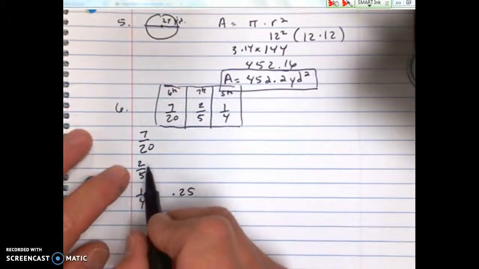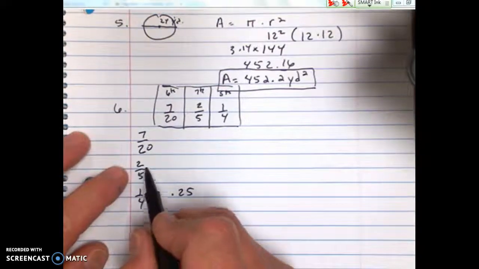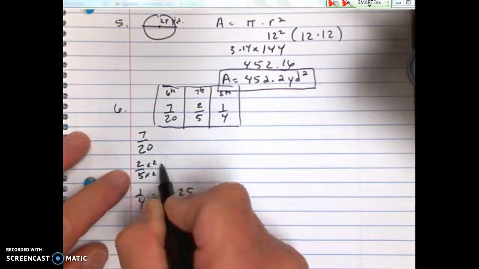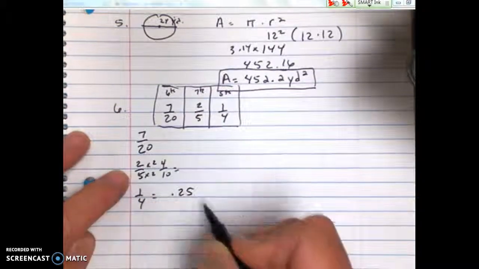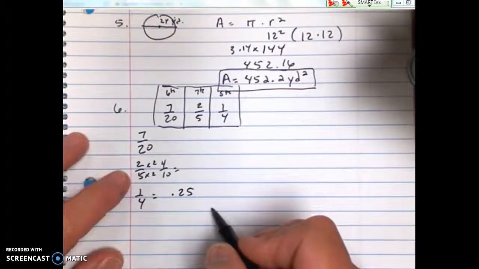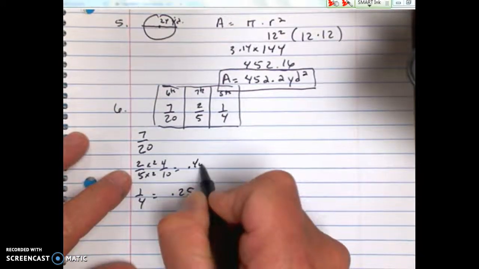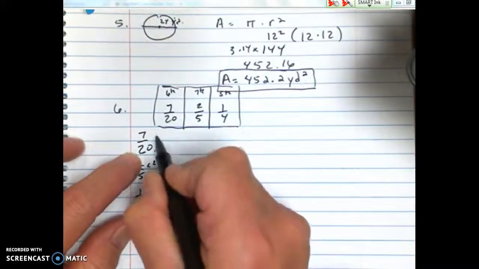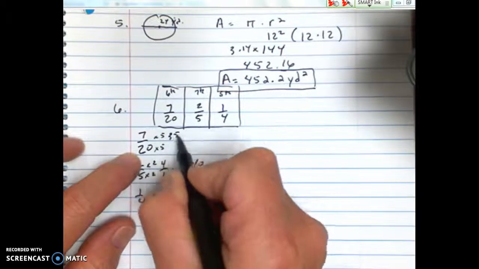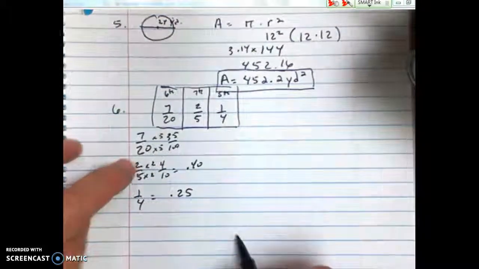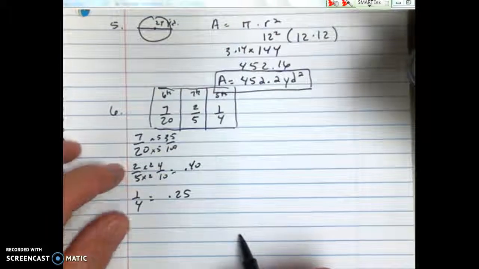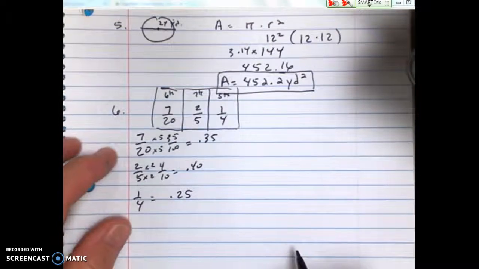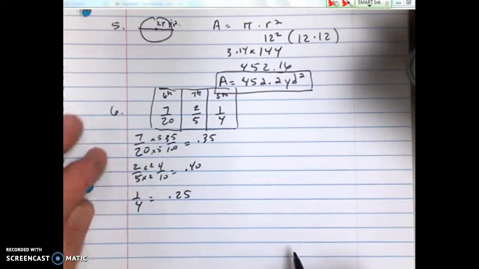And if I have 2/5, if I multiply this times 2, that gives me 4/10, and 4/10 of a dollar is 40 cents, so 0.4. And if I multiply 20 times 5 and 7 times 5, that gives me 35 hundredths. And 35 hundredths of a dollar is like 35 pennies. So we have all of our decimal numbers for that data.